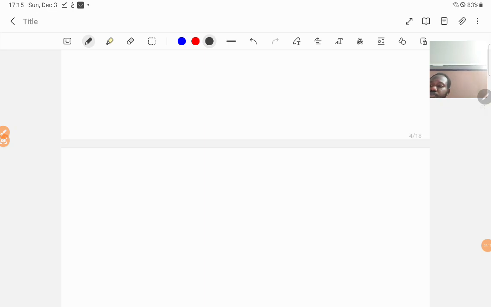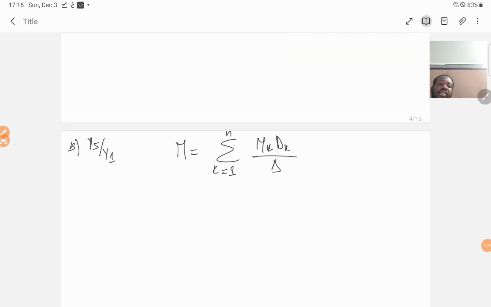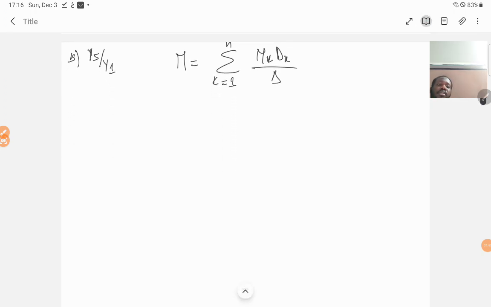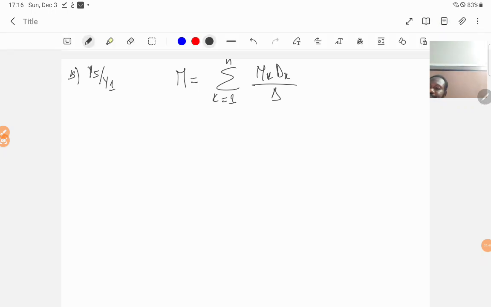I will move to the next question, B1. It's about finding y5 over y1. So we're trying to use this formula: the sum of Mk delta k over delta. So we have to find Mk, delta k, and delta to get the final answer.